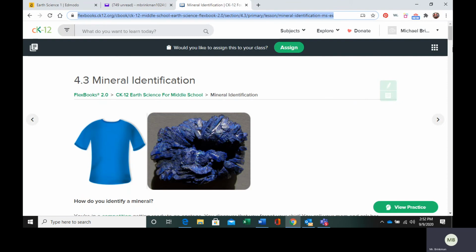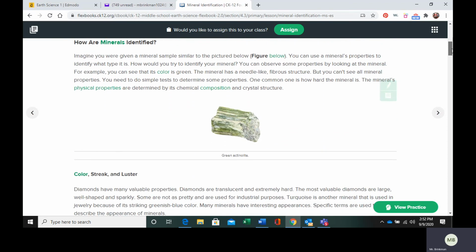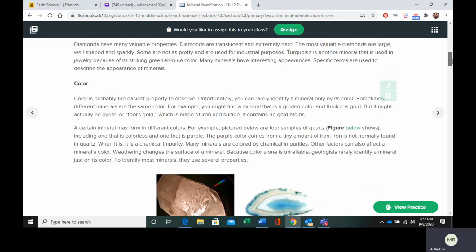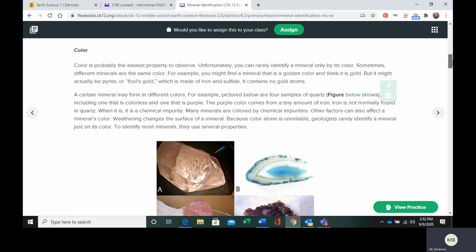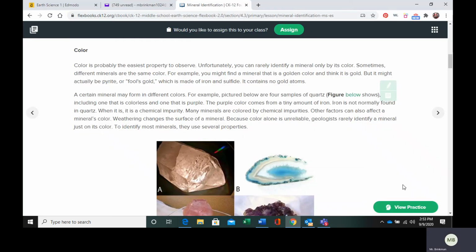So there are several ways we identify minerals. Now, one way we can do it is by its color. But here's the thing about color: color is not always reliable.